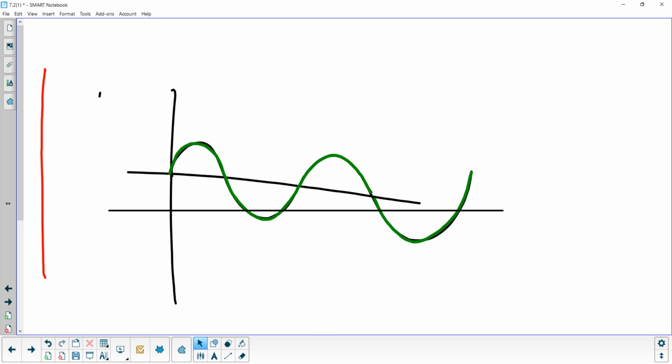Does a horizontal line only hit that graph once? No. So what that means is this graph fails the horizontal line test, which means its inverse would not be a function. We don't want that. We want the inverse to be a function. How are we going to fix that? And we'll talk about what we can do.